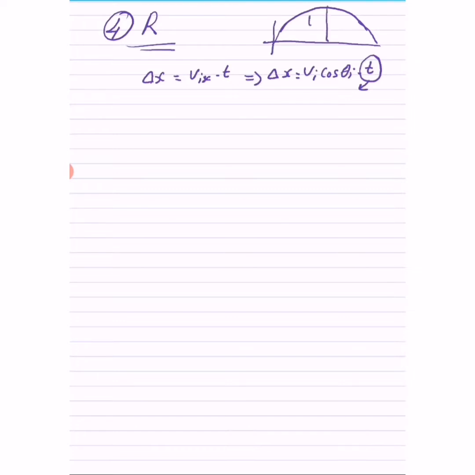So here, at that point, I want to calculate delta x, or R as the range. We found from the last equation that the t total is equal to 2 v initial sine theta divided by g.